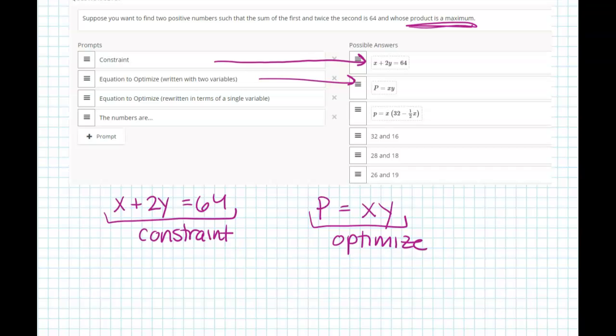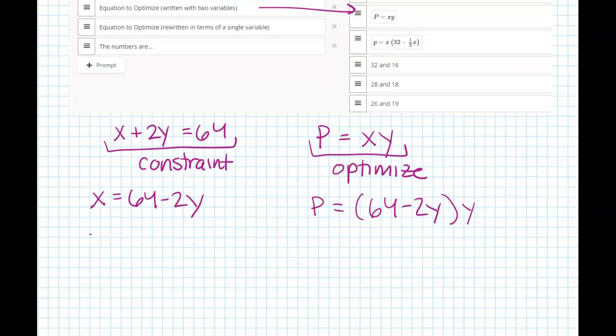Now we want to write in terms of a single variable. So if we solve for x, and that is kind of the simplest thing to solve for, x equals 64 minus 2y. So then our product would be (64 minus 2y) times y. And that's not an option. I didn't show you all the possible answers, but that's not an option.